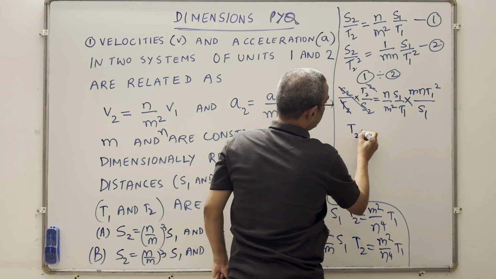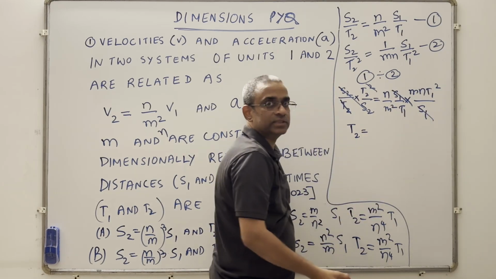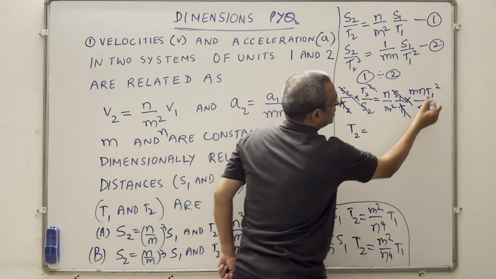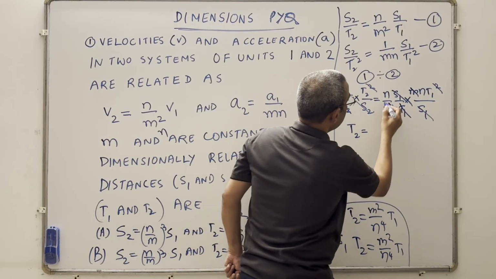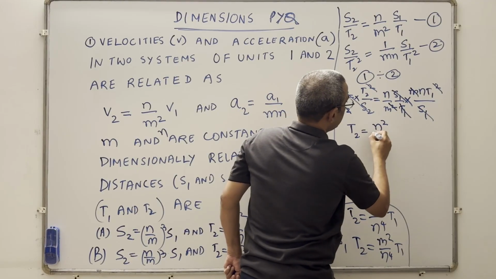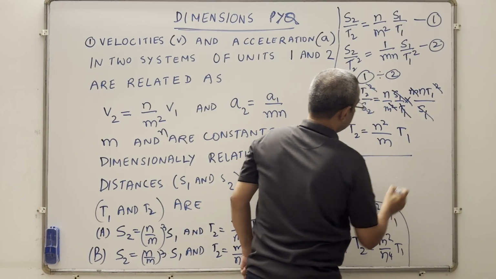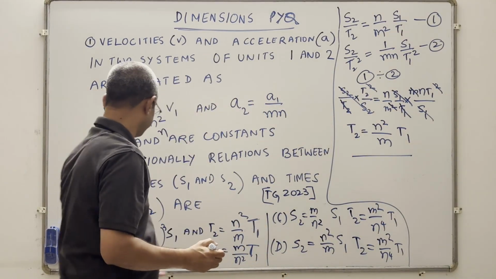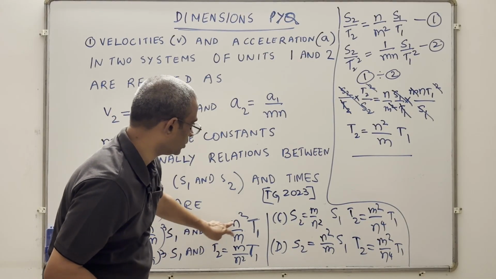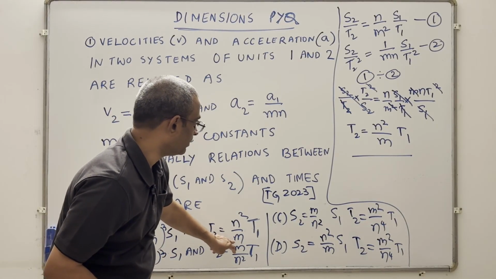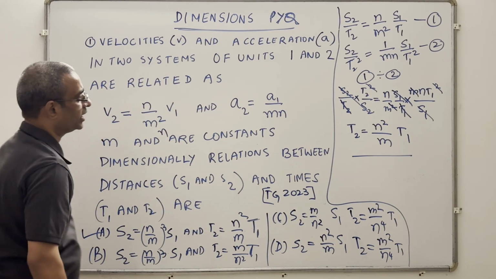So we have T2 is equal to, and here S1 and S1 get cancelled, one T1, one m, so we have n into n, n square by m into T1. So this is how the times are related. T2 is equal to n square by m into T1. So the correct option is A.